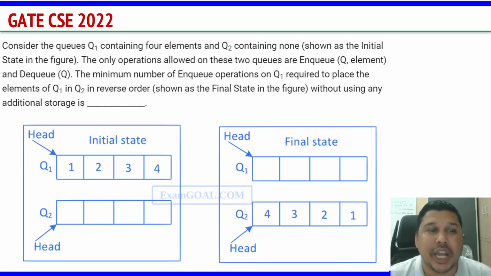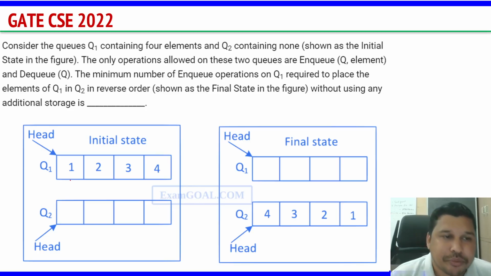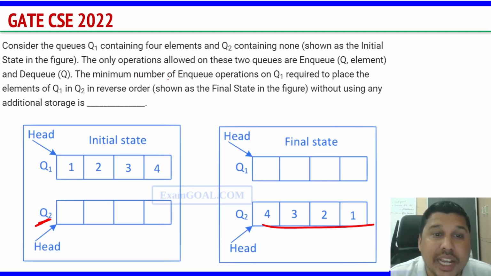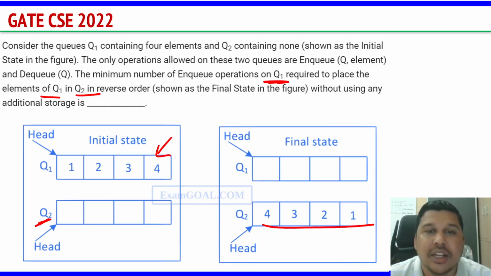How many NQ operations on Q1 are required to place the elements of Q1 in Q2 in this order, 4, 3, 2, 1? What is the number of NQ operations?